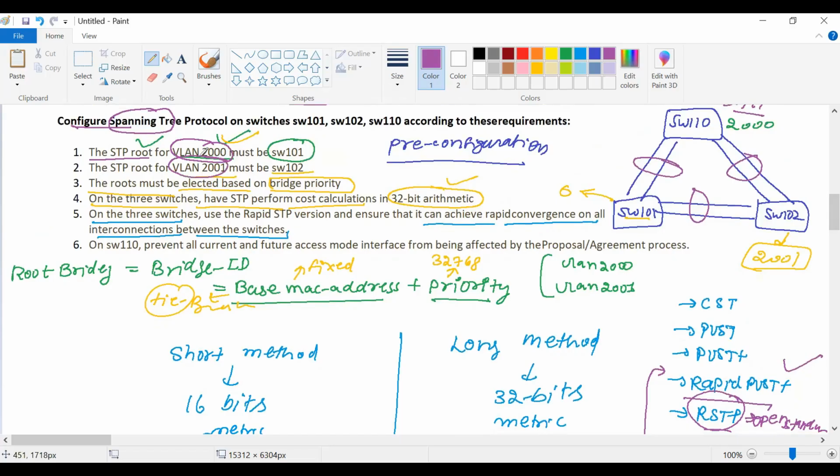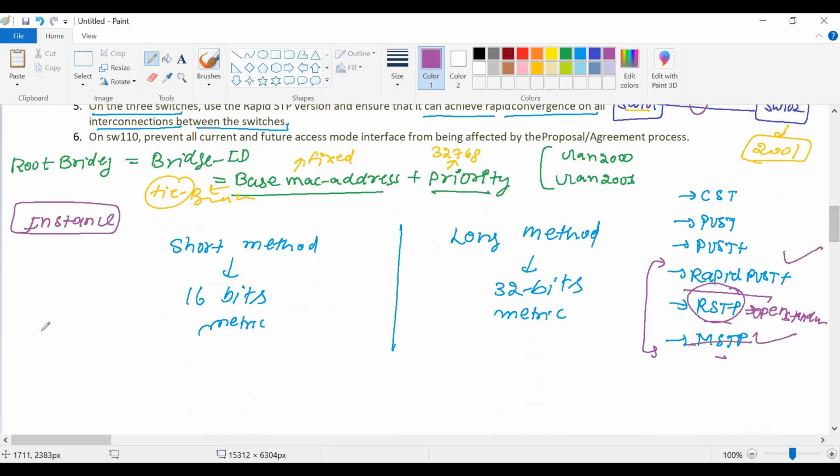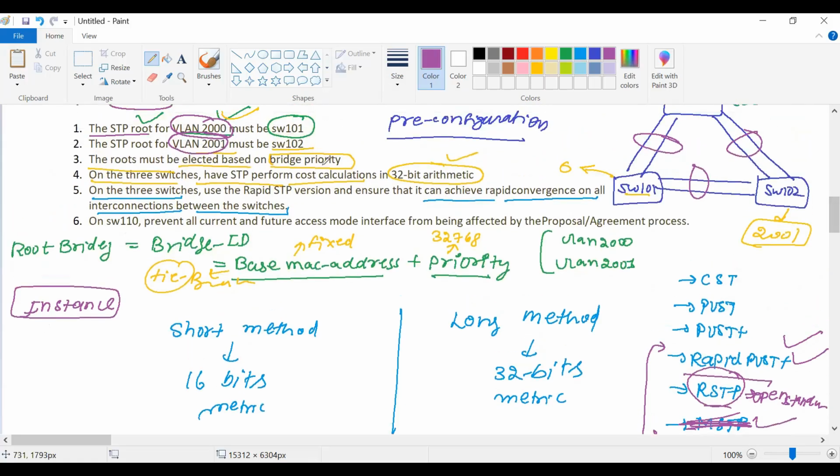If they wanted you to configure MSTP, they would be talking about instances, not particular VLANs. It means we cannot configure MSTP. So the only option is rapid PVST. They haven't told you directly that you have to configure rapid PVST. You have to find that out.